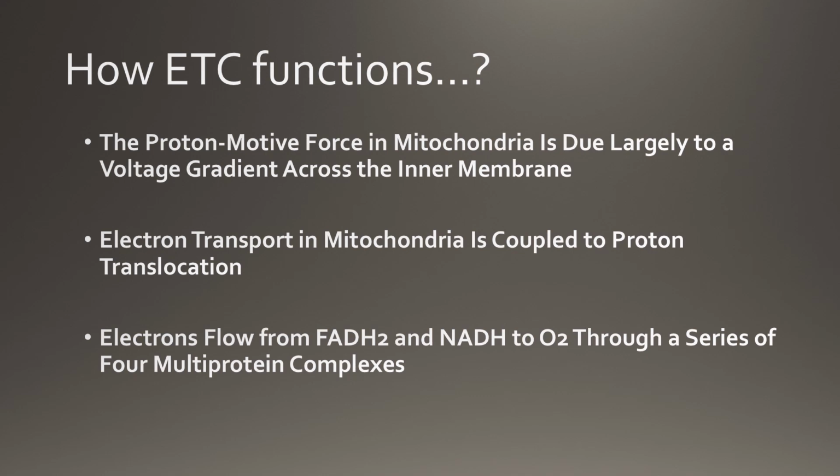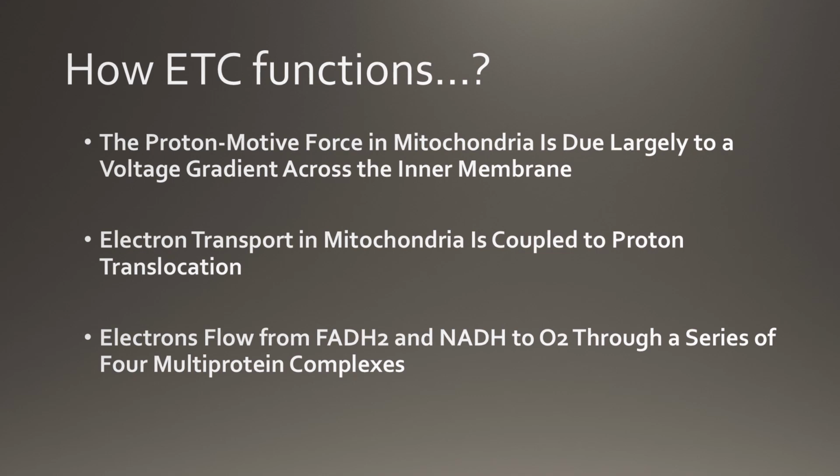The first is that the proton motive force in mitochondria is due largely to the voltage gradient across the inner membrane. As we have seen, the proton motive force is the sum of a transmembrane proton concentration gradient and an electrical potential or voltage gradient.